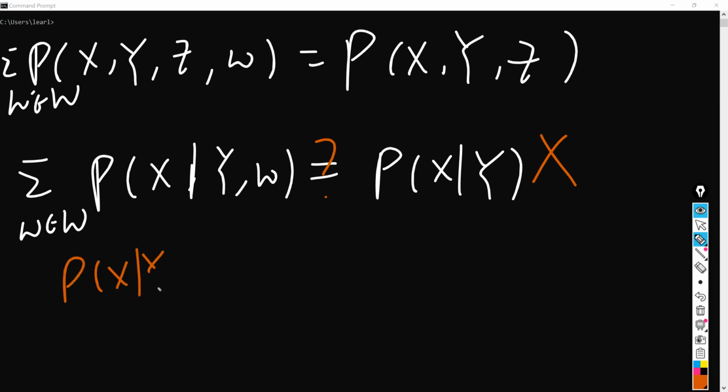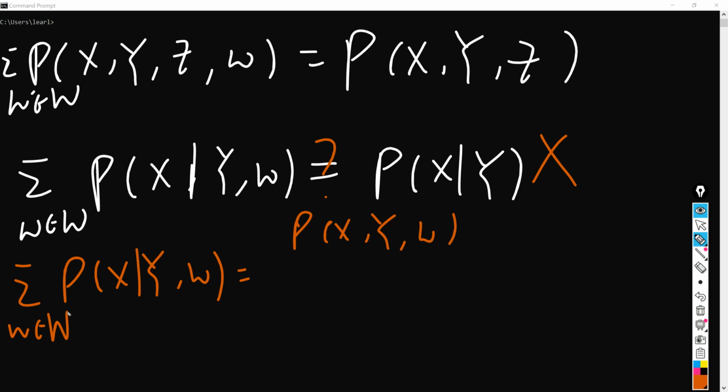So this term is actually, you can put something like this, and we just have the big omega here, and we divide by y and omega.